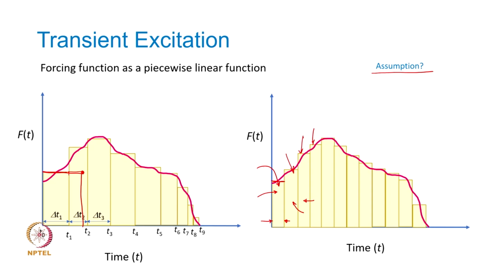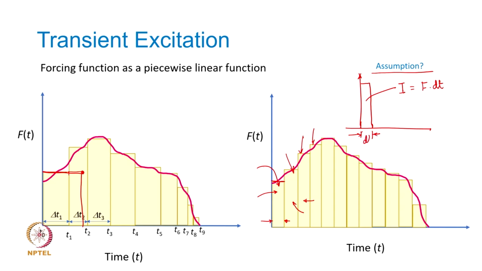With this background, now let us understand how to find the response of a simple single degree of freedom system to a solitary impulse which has a strength I, and we all know that is given by the force times the time for which the force acts.